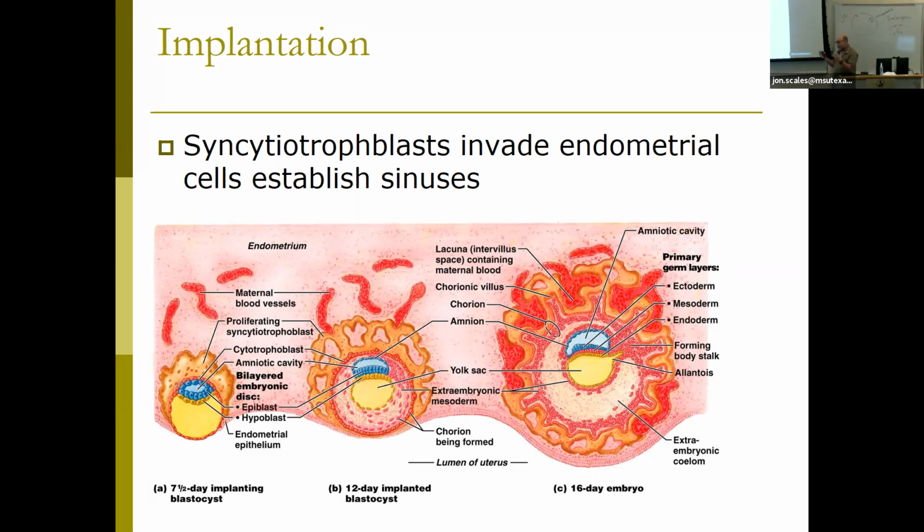They're in a different environment, and those cells start to differentiate. The layer next to the endometrial side becomes what's called the epiblast, epi on top, and the layer next to the blastocele, the yellow cells here, becomes known as the hypoblast, the underneath layer. Epiblast, top layer; hypoblast, bottom layer.